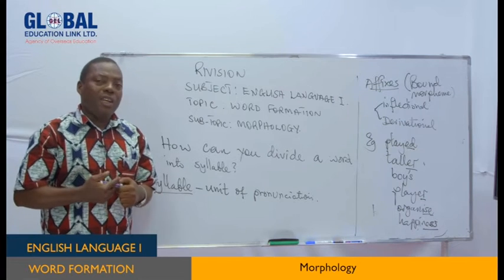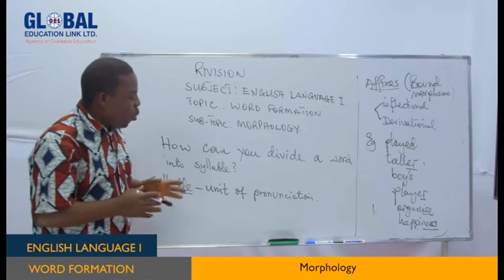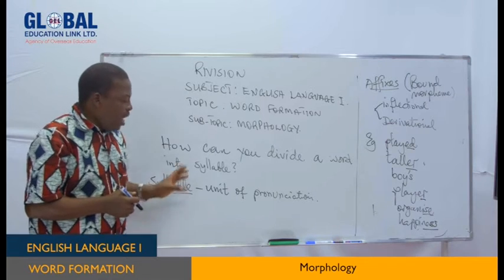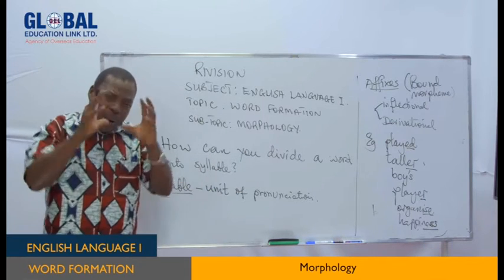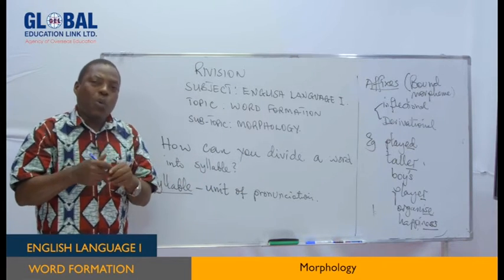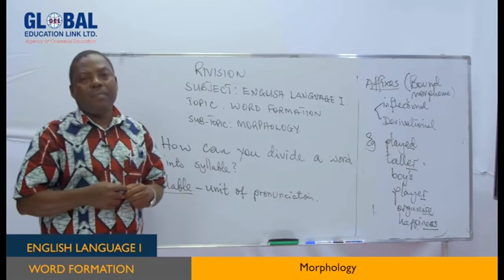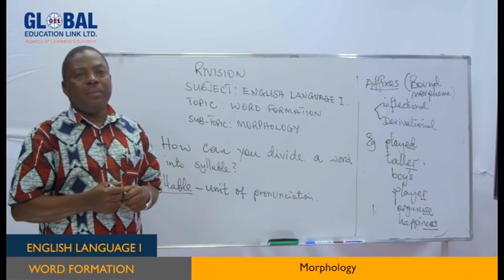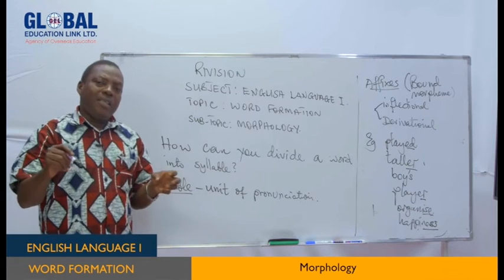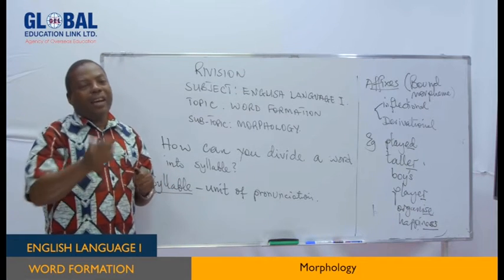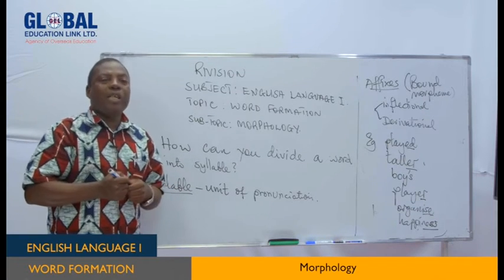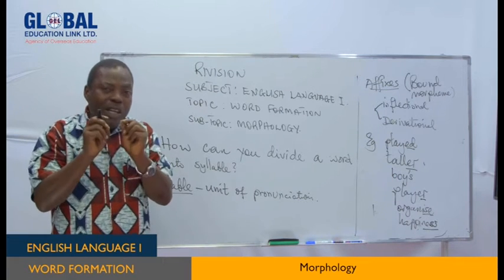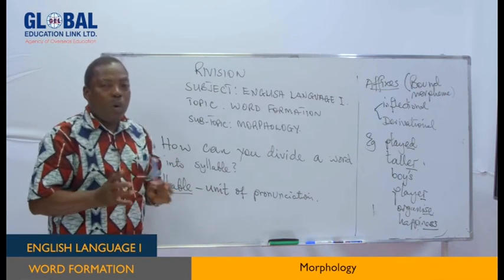And it is easy to recognize a syllable when we speak, because a unit of pronunciation is part of a word, or a word, which you pronounce at once, as a single element. But when we write, it is difficult to say that I write it as a single part or a single element. That's why we say it is very easy to recognize a syllable when we speak.